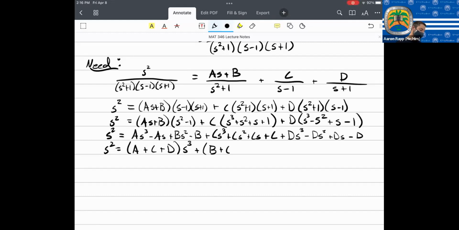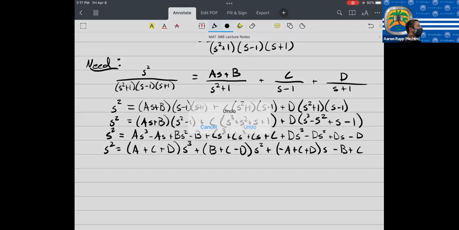So I'll have b plus c minus d. And then what terms just have an s? So it'd be a negative a, but yes, plus c plus d. And then I'll be subtracting b plus c minus d.